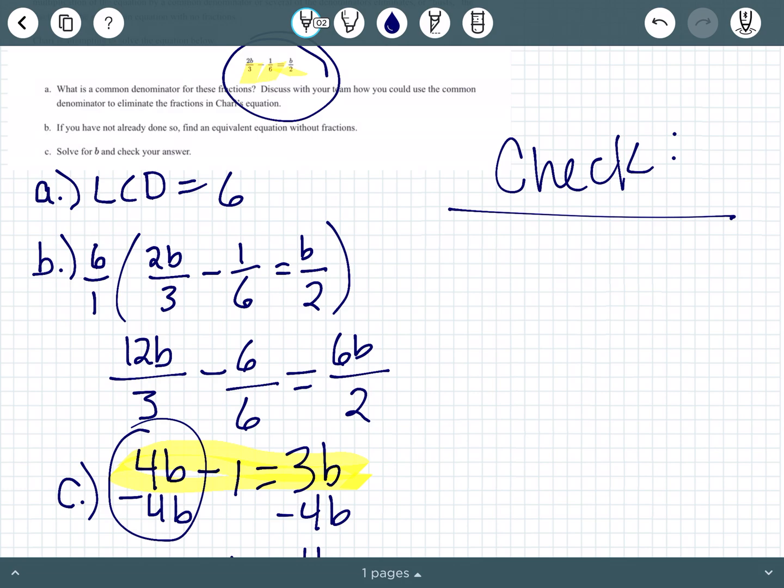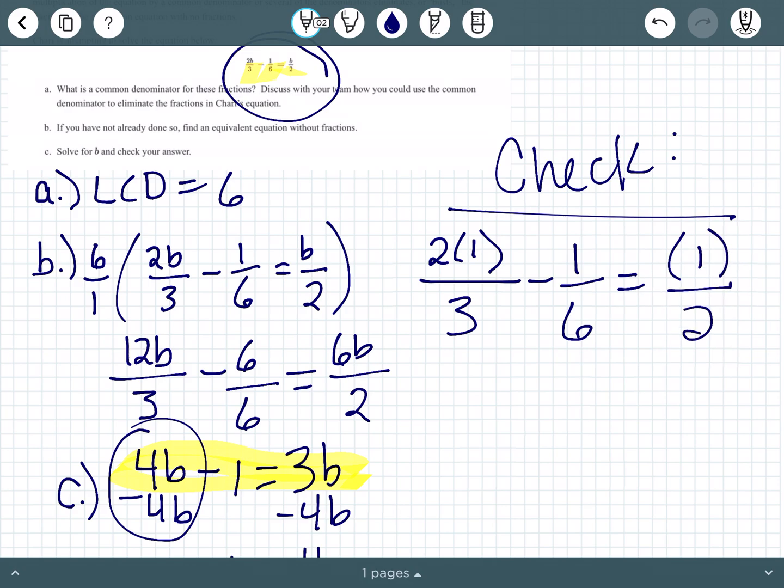And when we plug in for b, we want to make sure that we are using parentheses. So I would have 2 times parenthesis 1 end parenthesis, because that was a b in our original equation, over 3 minus 1/6 equals 1 over 2.